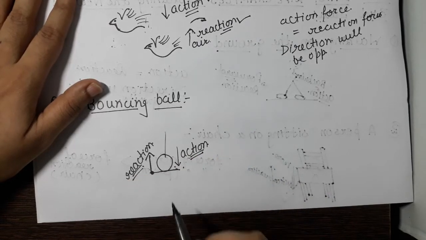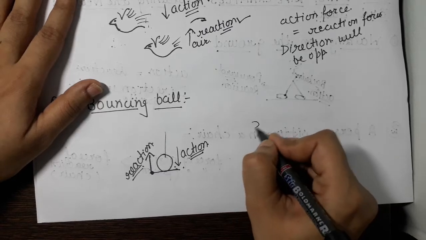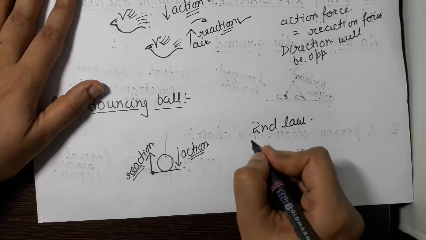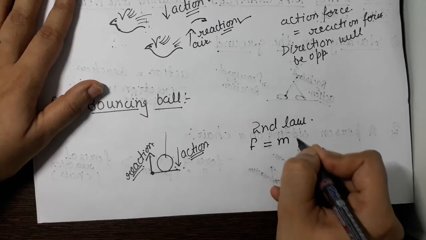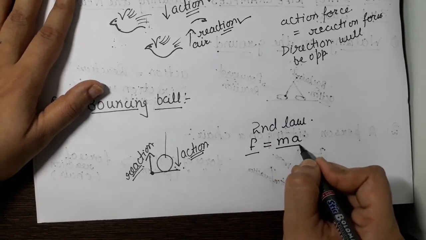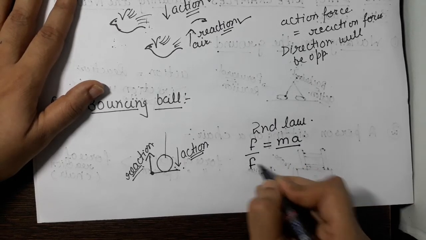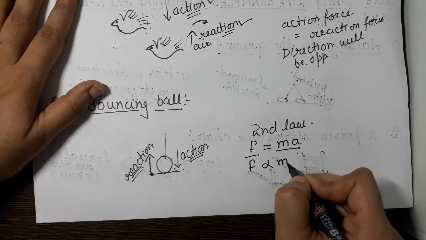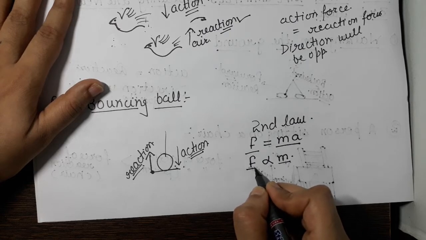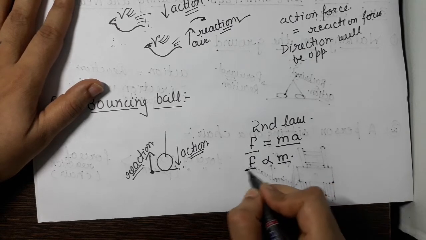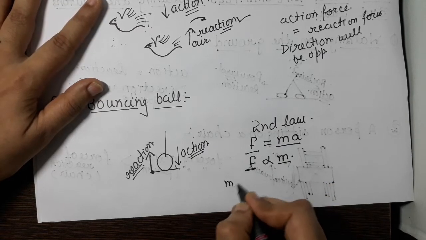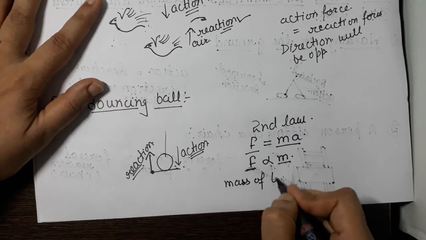It can be made clear from Newton's second law. According to Newton's second law, which we have derived this formula from, force is equal to mass into acceleration. Here it is clear that force is directly proportional to mass. If mass is more, then force will also be more, but if mass is less, then force will also be less. Now we know that the mass of the ball is less than the mass of the ground.